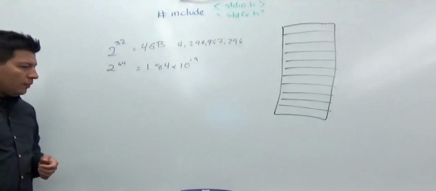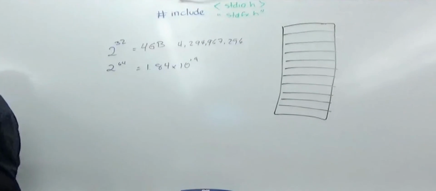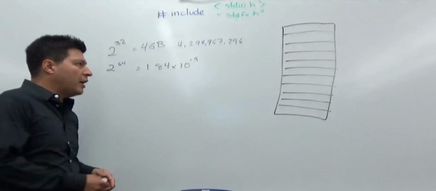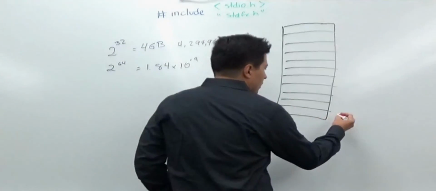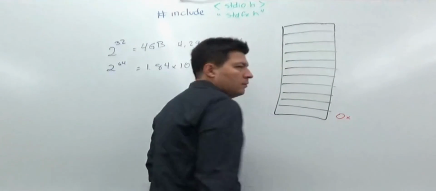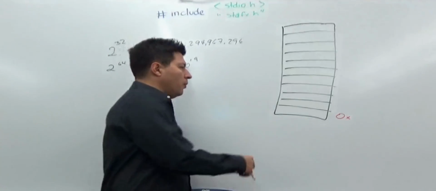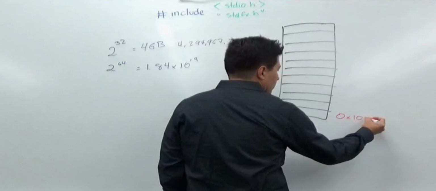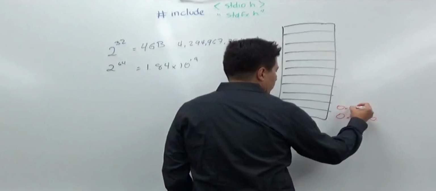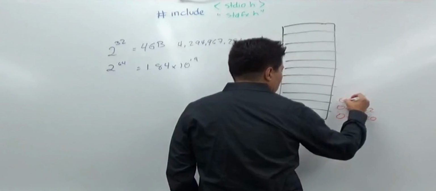So, to indicate addresses, you'll see in textbooks they use the 0x to indicate that's an address. So, for example, I'm going to start at 1000, and then I'm going to increment in 32 bits.